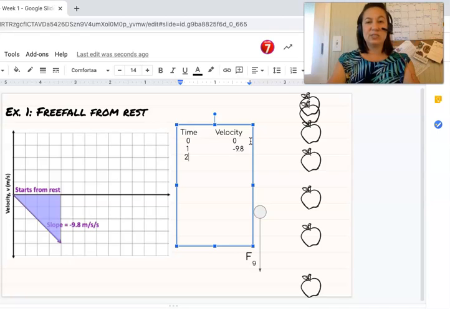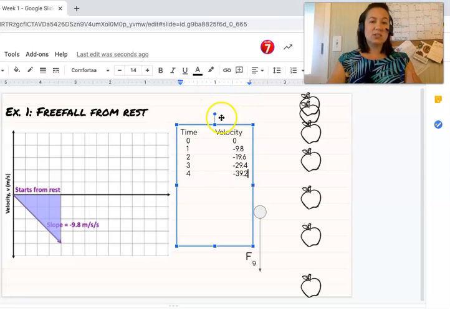At 2 seconds of time, it would be going negative 19.6. Notice that between each second of time, it's falling faster and faster and faster just in the negative direction. And my graph only shows 4 seconds of time, so that puts us to 39.2 meters per second down. All the velocities are negative.